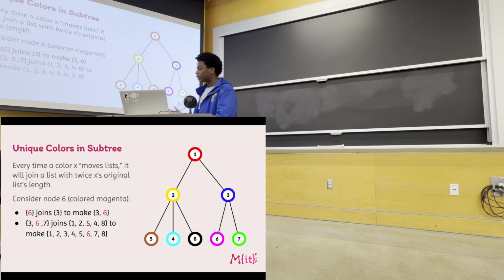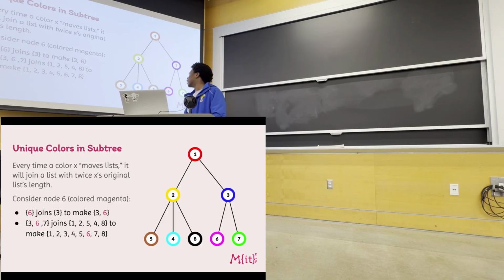And since there can be at most n colors, which is the case where every vertex is a unique color, you can really only double the number of unique colors within the list a logarithmic number of times, which then means that each color can only move a logarithmic number of times.